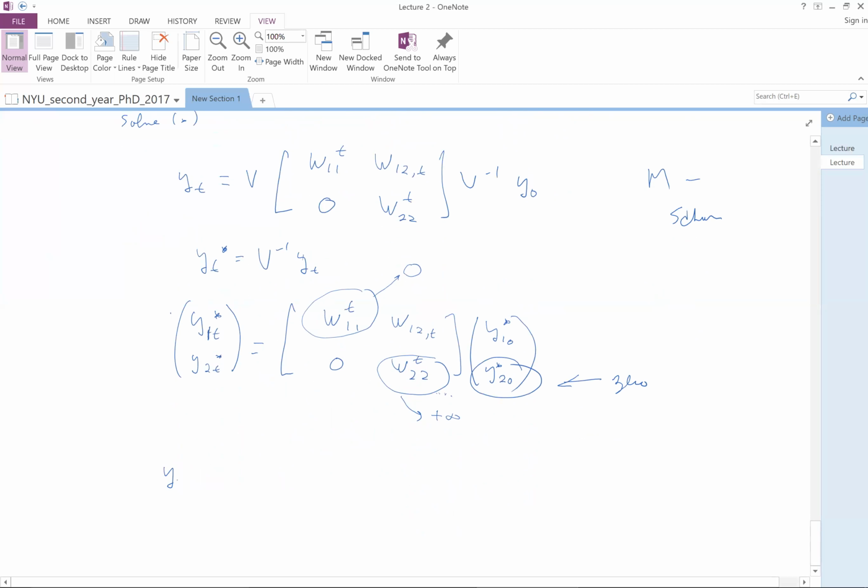Well, I'm going to write down the formula for Y2t star, and I want to zero it out for everything. So V21 is the 2-1 component of the inverse of V. I'm going to partition V inverse, and this is going to be the 2-1 component of it.